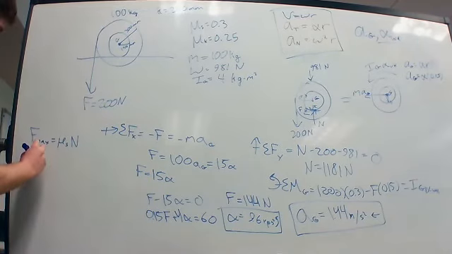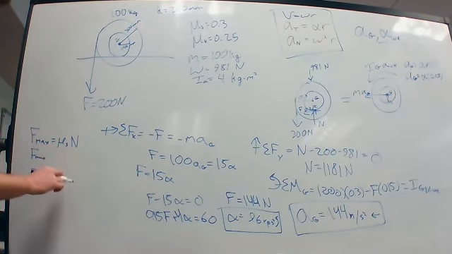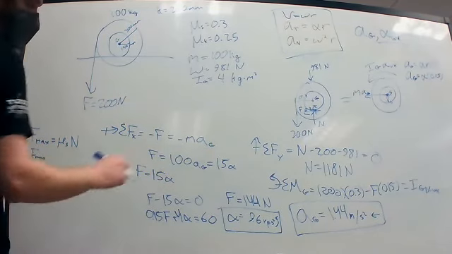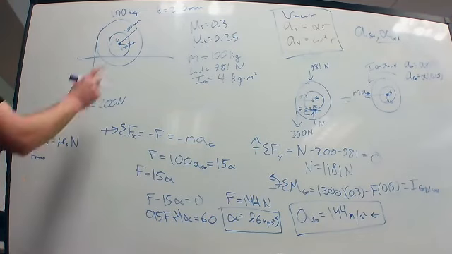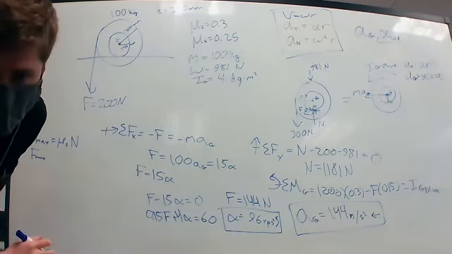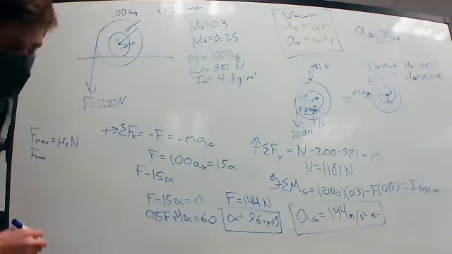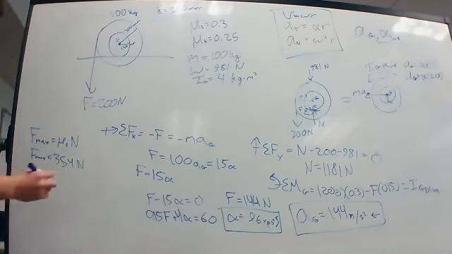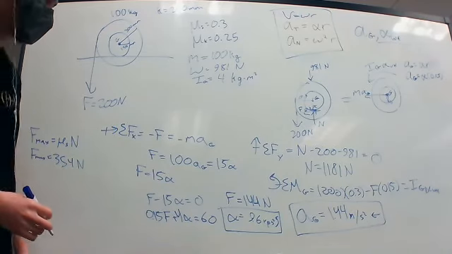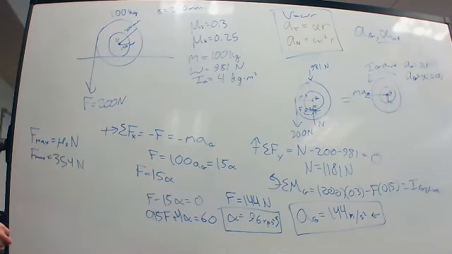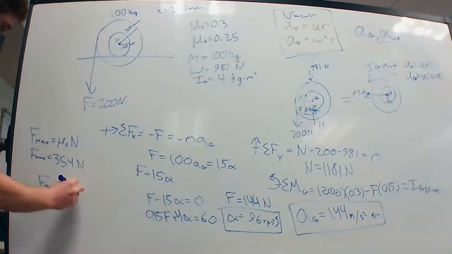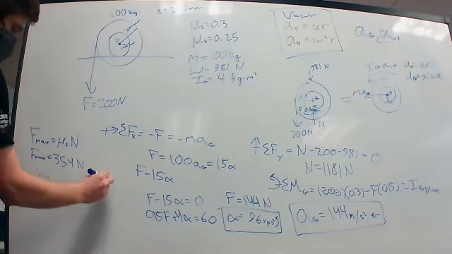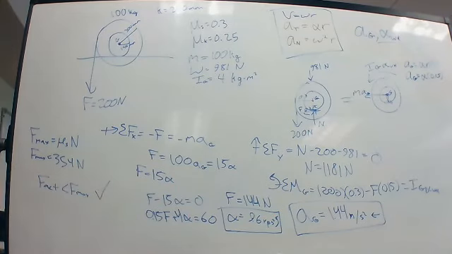So F max using mu sub s and the N value that we found, 1181 mu sub s, F max comes out to be 354 newtons, and the actual friction that we have came out to be 144. So F actual is less than F max, therefore no slip. And the assumption is valid.